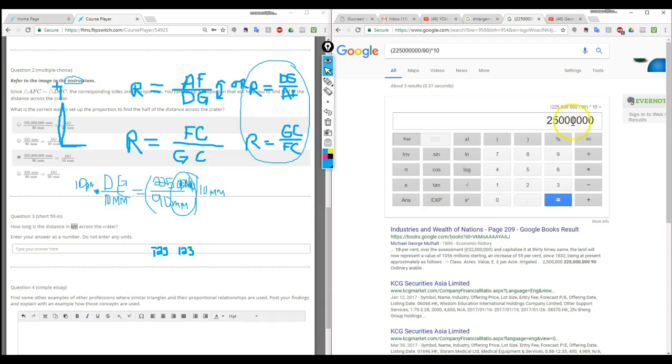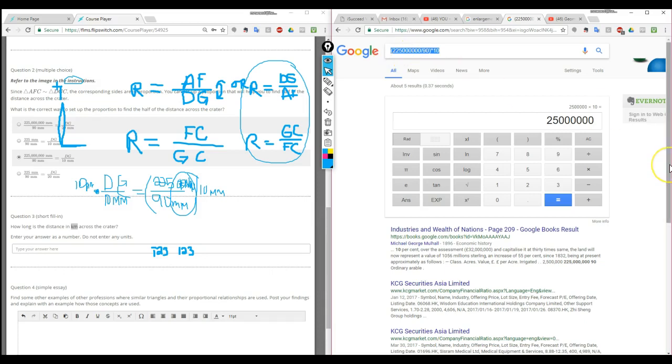And that is giving us, okay, 225 and 6 zeros divided by 90. Okay, I just wanted to double check. Now we're going to times it by 10. So we have 250 million, 25 million millimeters.